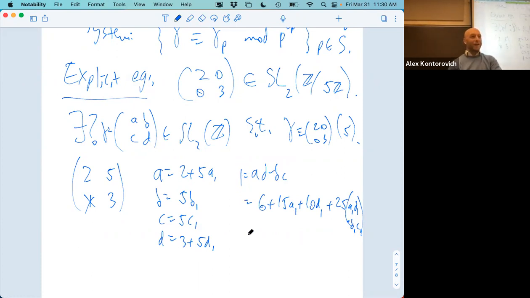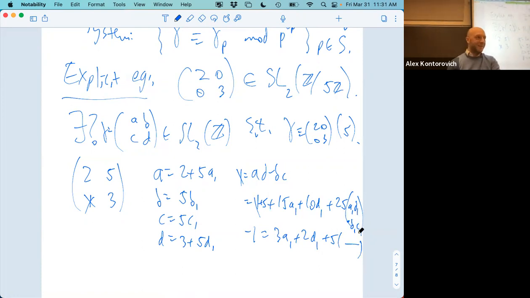So how do I make this equal 1? 6 is 5 plus 1, so I can cancel the 1 on both sides. Almost. If I divide through by 5, I get a negative 1. If I move this 5 to the other side, it is 3 A1 plus 2 D1 plus 5 times this thing. If I can find an A1 and a D1, I can make this thing 0.